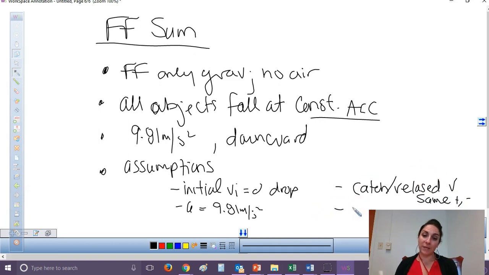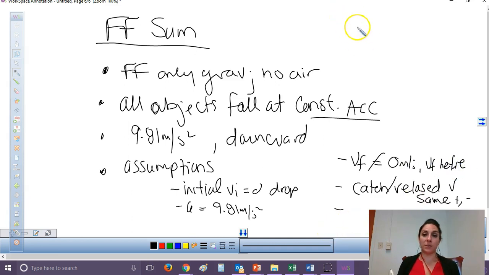And we cannot assume that the final velocity of an object hitting the ground is 0. You have to do it right before it hits the ground. Those are some of the major ideas. And the last point I want to make is that you have to use the kinematic equations, because they model constant acceleration.